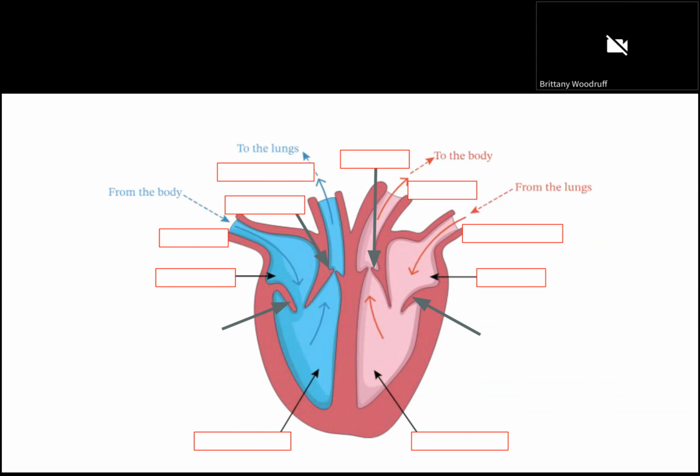Now we are looking at the left side of the heart. What are the upper chambers called? Left atrium. Your left atrium is going to flow through this valve. Bicuspid. What's the other word for bicuspid? Mitral.